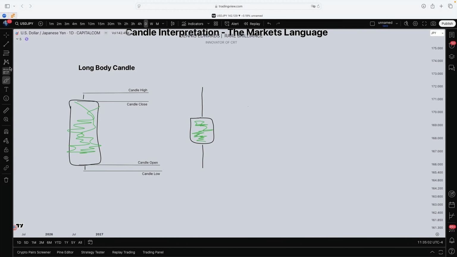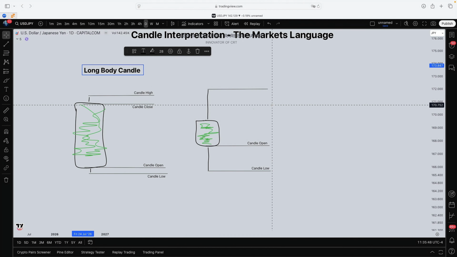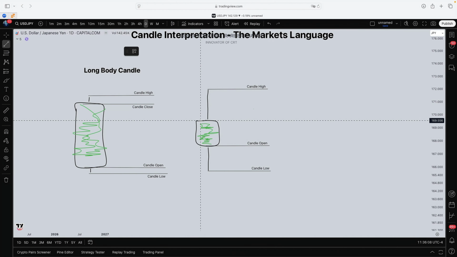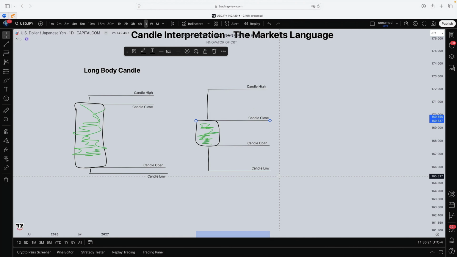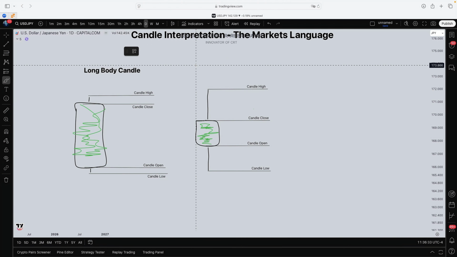With this here, now let me begin to draw the open, the low, the high, and the close, because every candle has these four things. Okay, so now we have all four major identification points of a candle. And let me draw out the small body so that everyone could completely know which type of candle I'm talking about here.